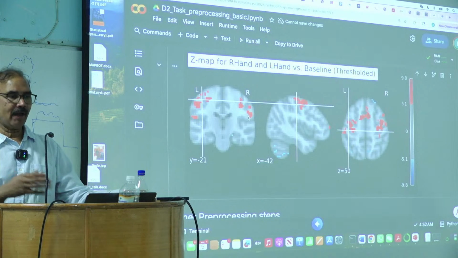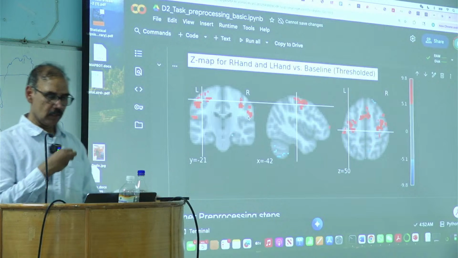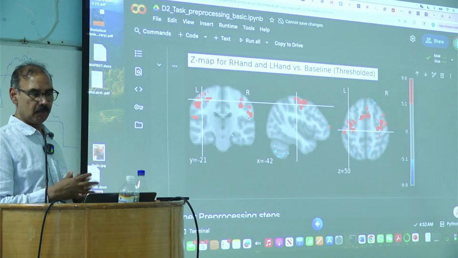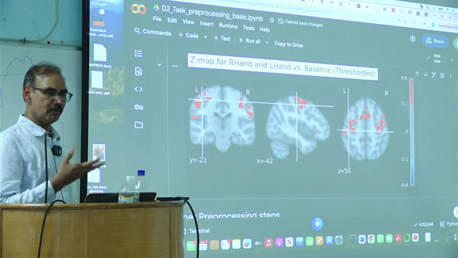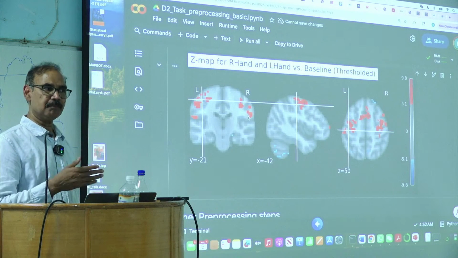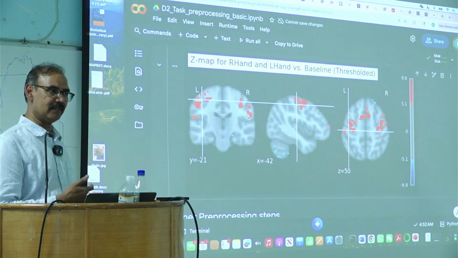Maybe you have more type 2 error now, right? You have not many false positives, but what you may have done is threw away many voxels which were really active.